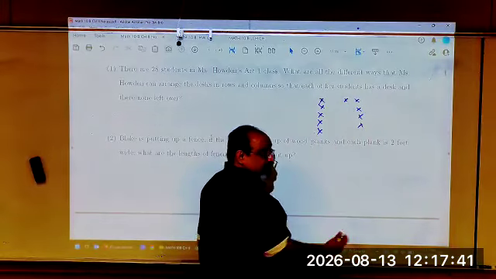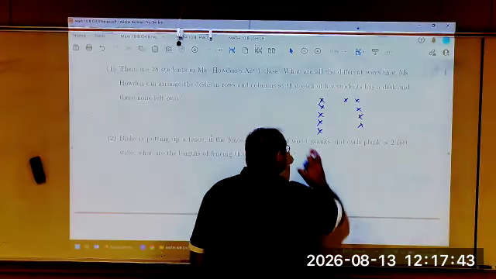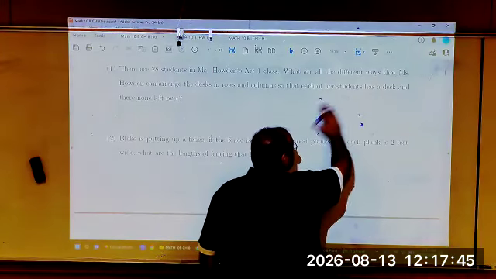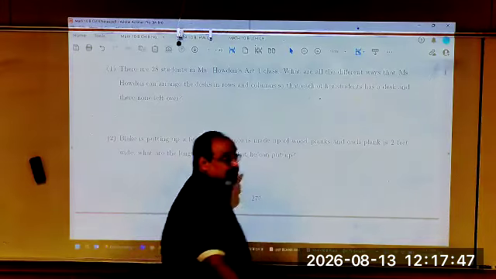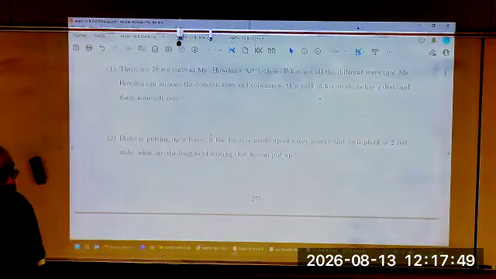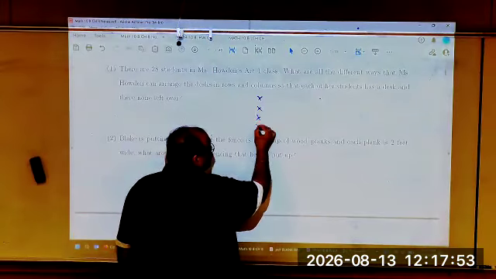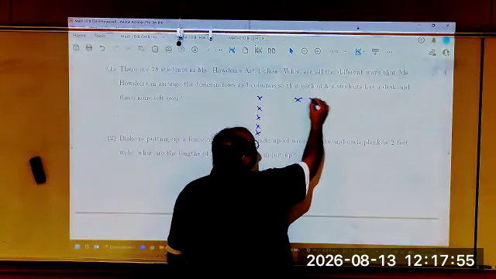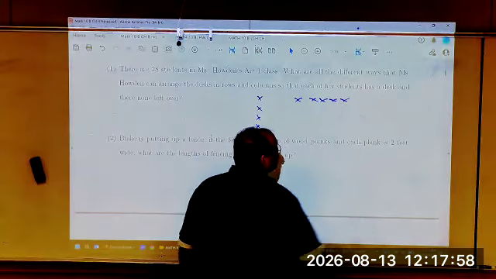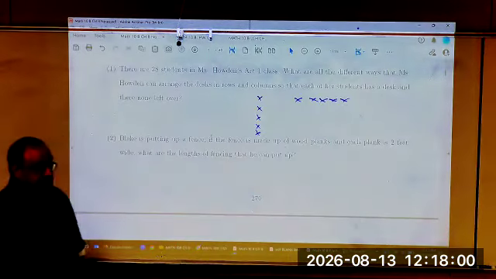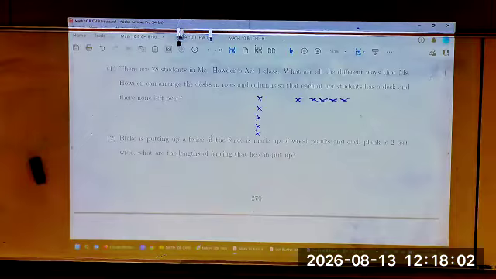So the only way I can do it for 5 desks would be a row of 5. But that's the only thing that goes into 5, is a 1 and a 5. So I can either do one row with 5 desks in it, or one column with 5 desks.